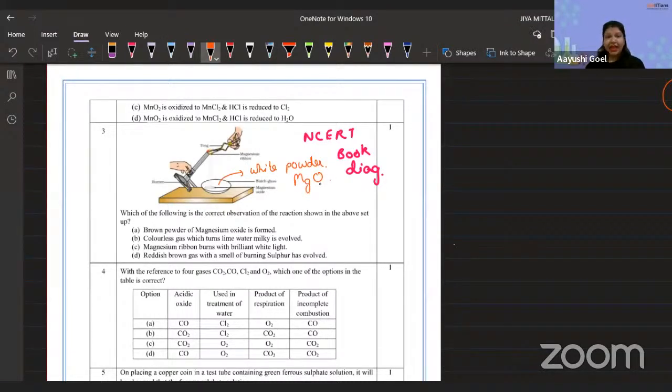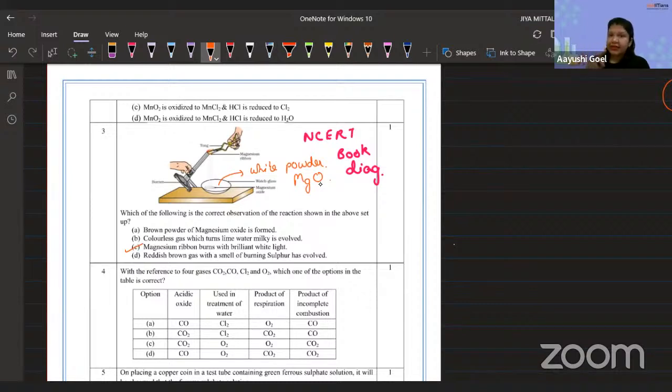Yes, and a white flame is also there. It's like a firecracker, with white flames. So yes, Gautam, that is the absolutely correct answer. Magnesium ribbon burns with a bright white light, like a firecracker.